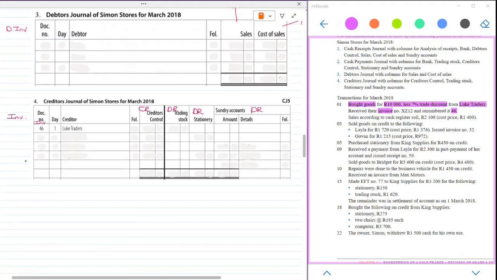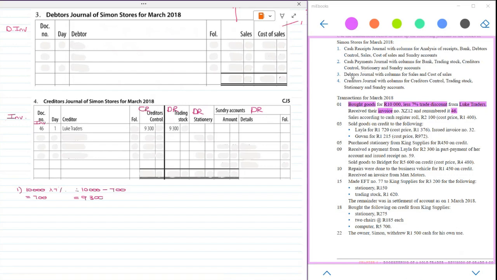So we need to calculate our amount here. 10,000 is the original invoice. 7% of that amount will be discount, so we calculate that: 700 Rand. So how much is the final invoice? 10,000 minus the 700 gives us 9,300. So in my creditors control, I owe them 9,300, and we have purchased goods here, meaning that's the trading stock.